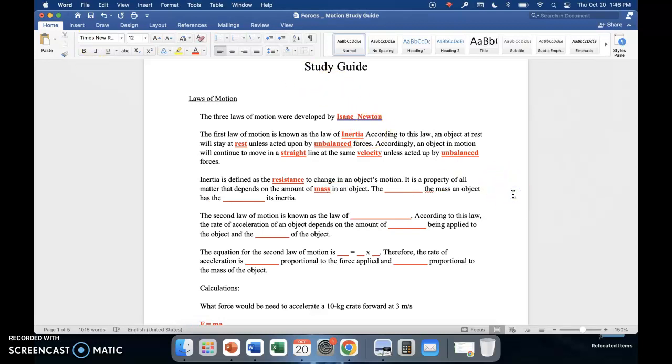Larger objects are harder to get started moving, and once they get moving, they are harder to stop. So we can simply say that the greater the mass an object has, the greater its inertia. I'm just going to pause here for a second, to make sure that all of you have had a chance to get caught up.